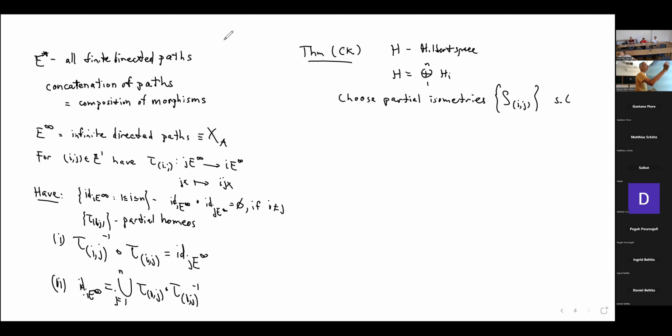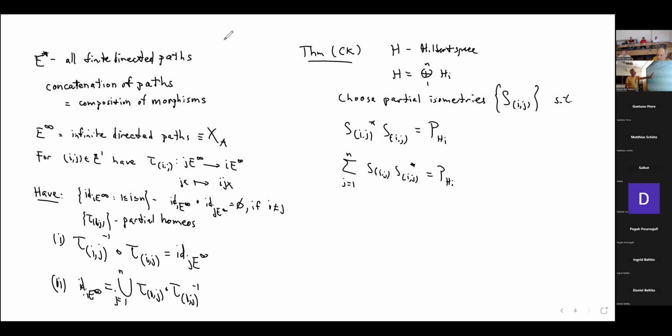Such that S_ij star S_ij equals the projection onto H_i, and the sum over j equals 1 to N of S_ij S_ij star is the projection on the H_i.